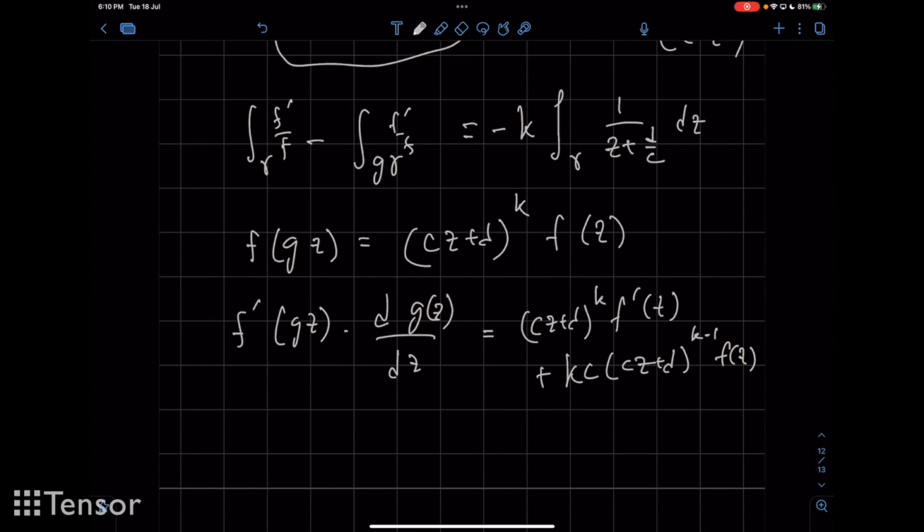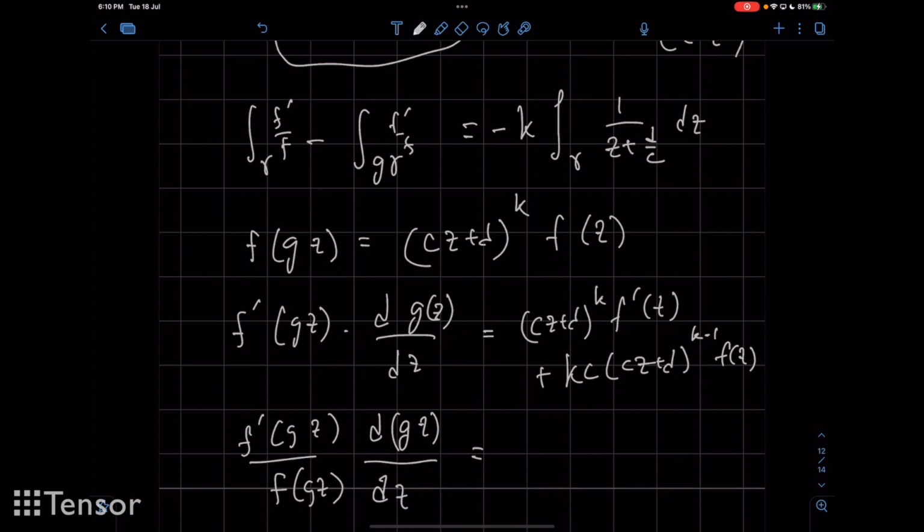Then if we divide by f prime of g(z), we get f prime of g(z) — not g of z, g(z), f of g(z) — times dg(z) over dz is equal to, well, f of g(z) is equal to this, right?